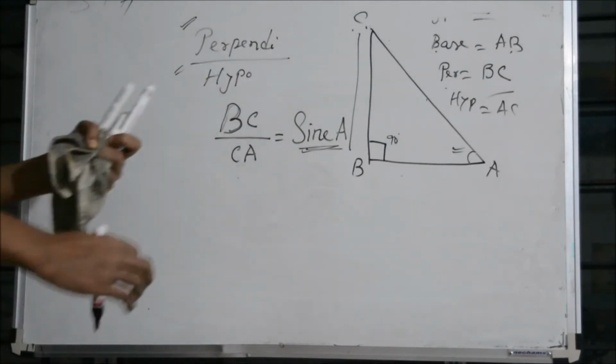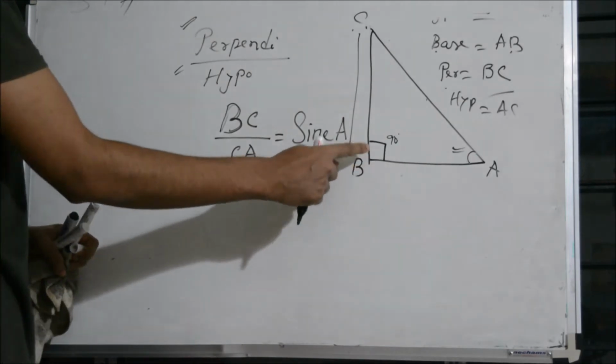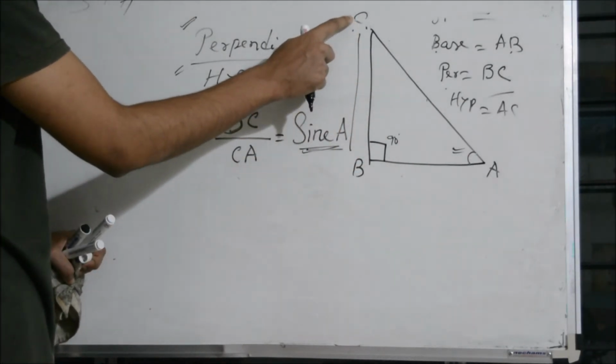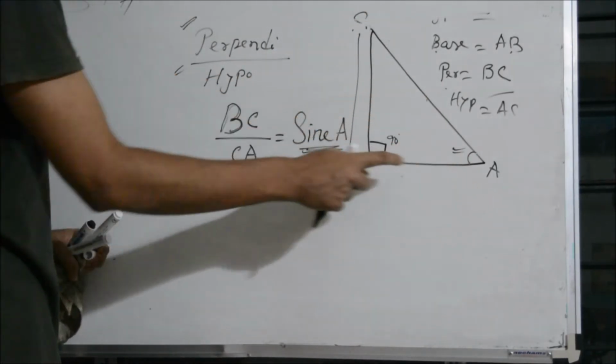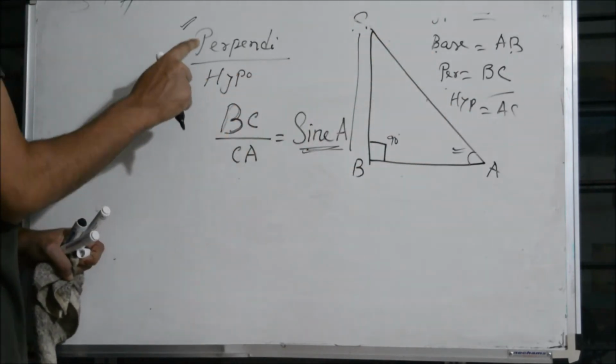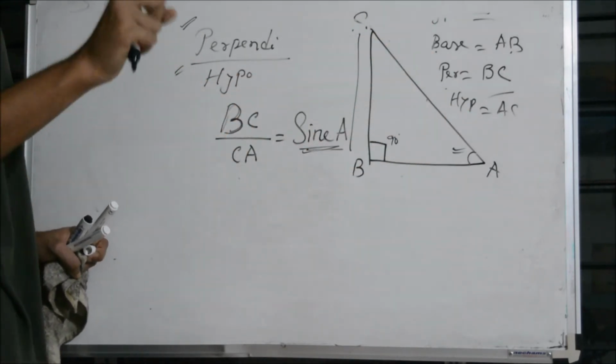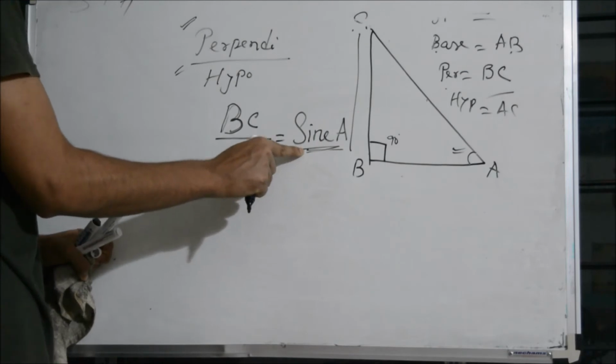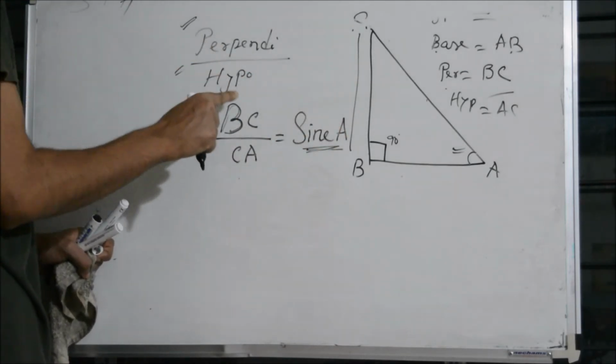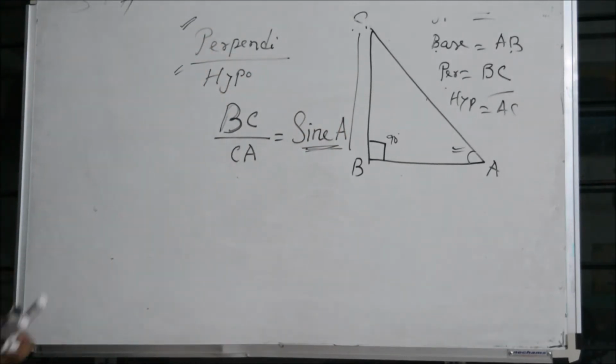BC and CA will change if we change the labels, but perpendicular by hypotenuse will never change. That means sine of angle A is perpendicular by hypotenuse. This is our first trigonometric ratio.